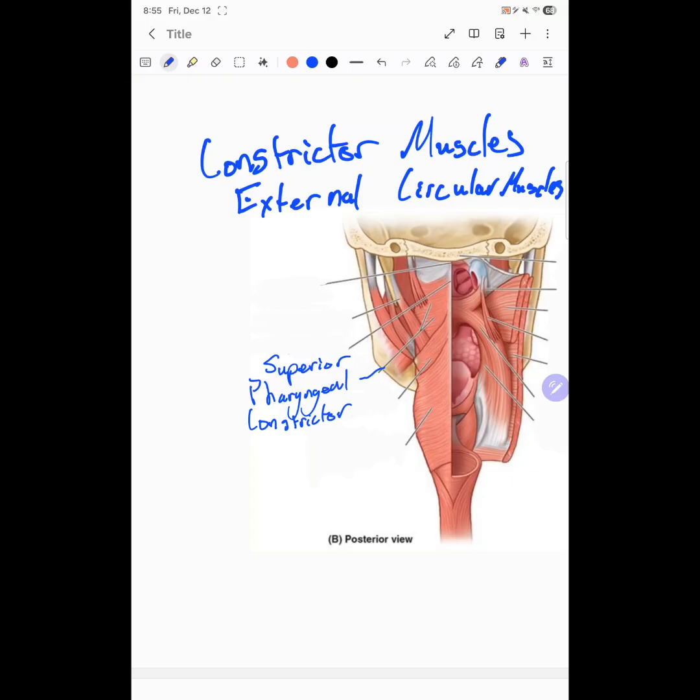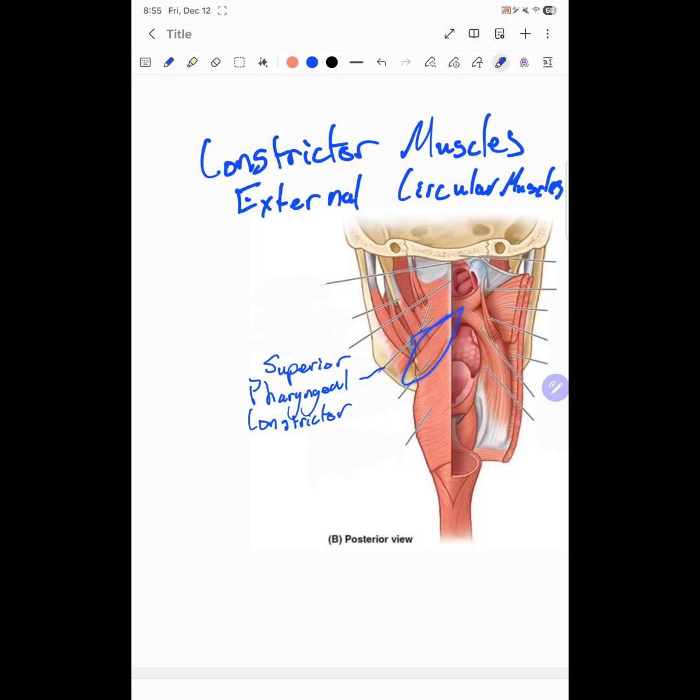It's going to insert on the pharyngeal tubercle on the basilar part of the occipital bone. This superior pharyngeal constrictor is innervated by the vagus nerve, also cranial nerve number 10. Main action is to constrict the walls of the upper pharynx during swallowing.